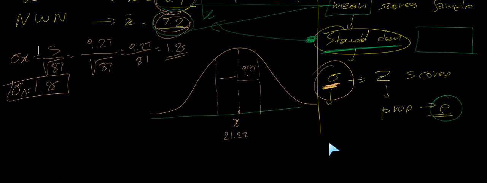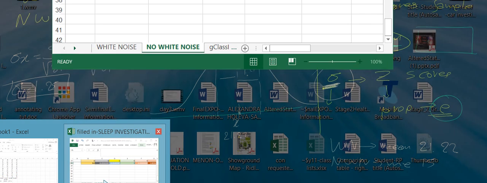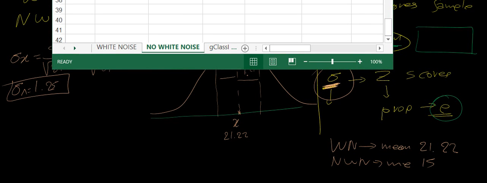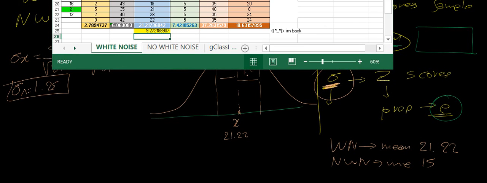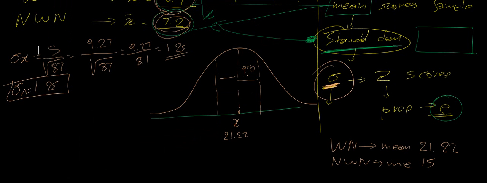So the white noise mean for me is 21.22, and the non-white noise mean is 15.1.